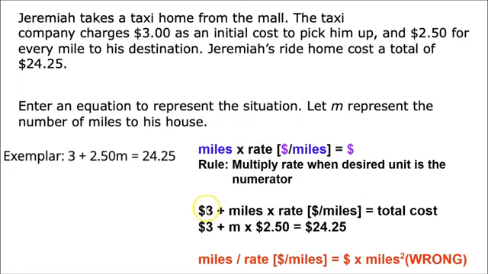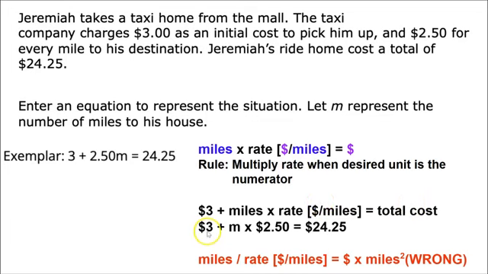And so you have that flat fee plus you have miles times the rate, which will end up being a dollar amount. So you have a dollar amount plus another dollar amount will have the total cost that's in a dollar amount. So everything is in units of dollars.